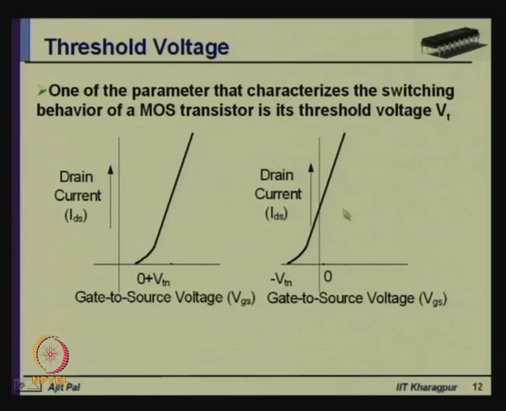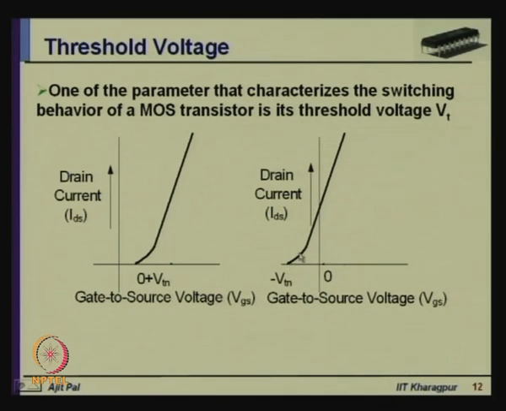So far as the depletion type transistor is concerned, the curve is somewhat similar, but it will be shifted towards the negative quadrant. As you can see, you have to apply a minus VTN, a threshold voltage, to stop the flow of current.